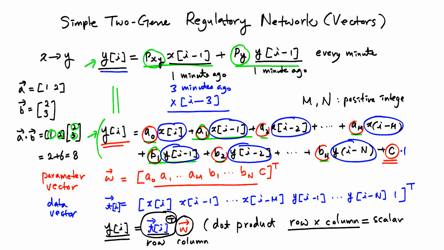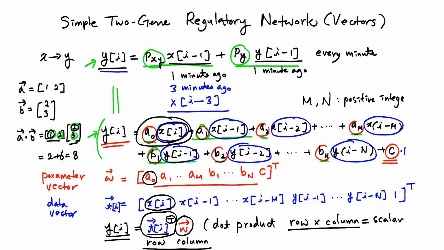Basically, you need to multiply the first component of the row by the first component of the column, and the second component of the row by the second component of the column, and so on. If you do this multiplication, you're multiplying the first component of data vector T of i, which is x of i, by the first component of the parameter vector W, which is A sub 0, and you get this first term, A sub 0 times x of i.